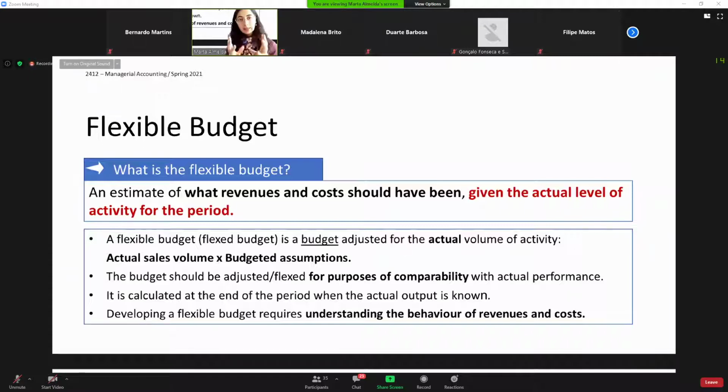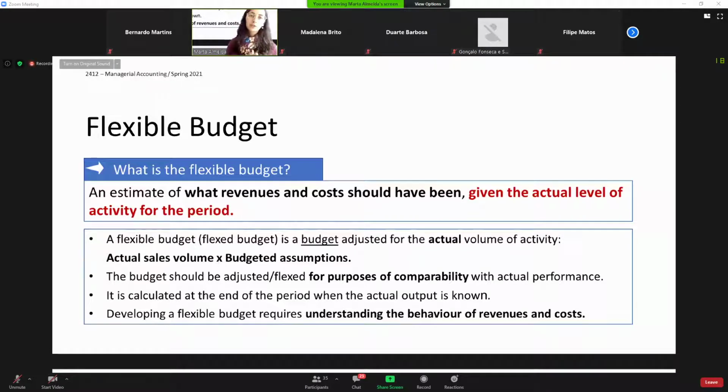We will assume the same number of hours per unit and the same number of meters per unit. Exact same assumptions as the budget. The only difference is the level of activity.